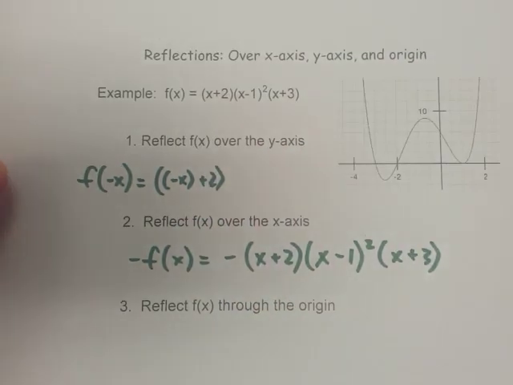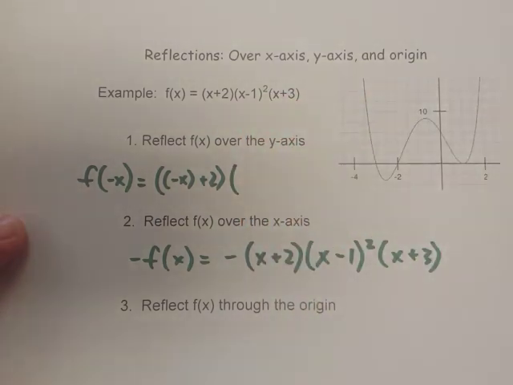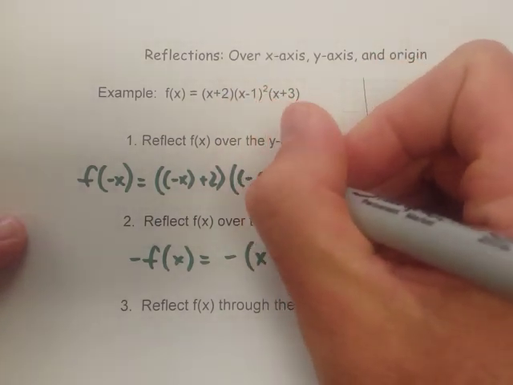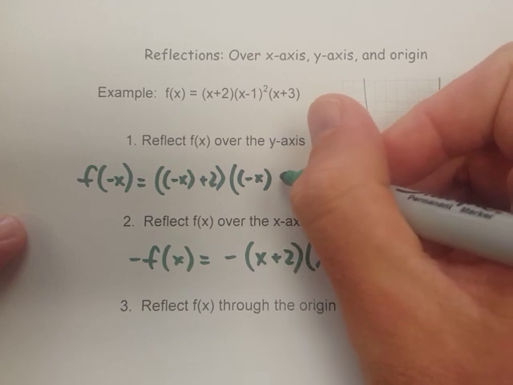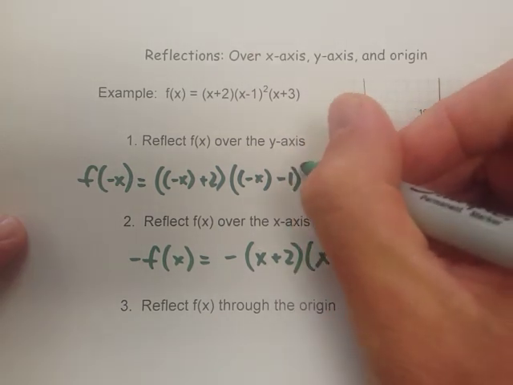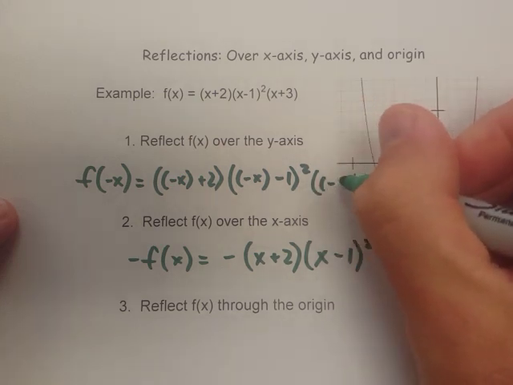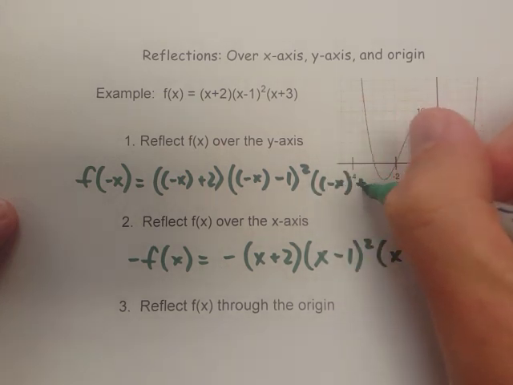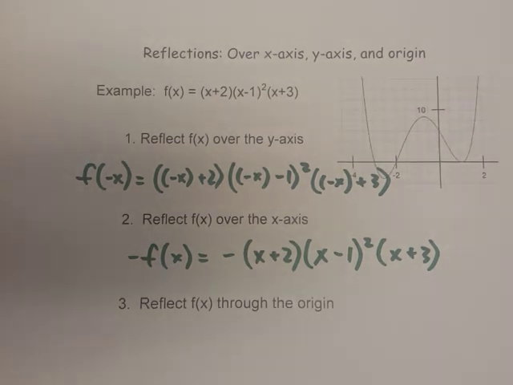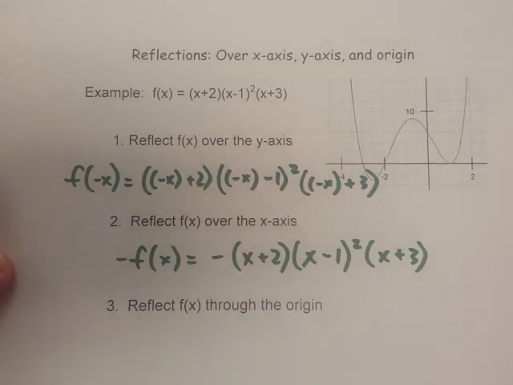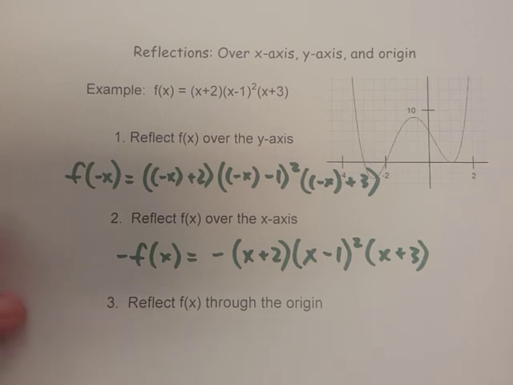You don't have to do that when you're entering it in your calculator. I'm going to put an extra set of parentheses in for each one, just to emphasize that's what's happening. And then I've got one more factor, but I have to put a negative x in for each one. You can test that out and see what it does on your calculator. You should find that it flips it horizontally over the y-axis.